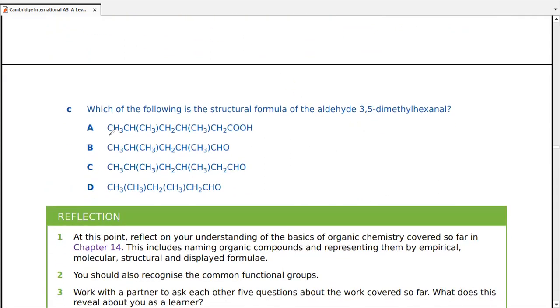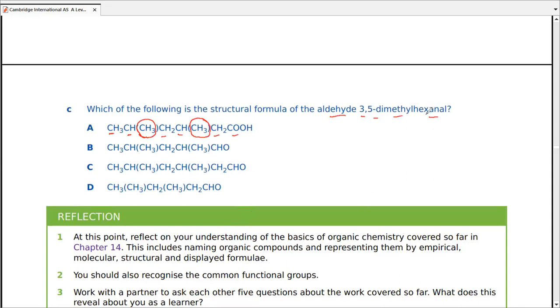Now, when you look at this, remember this is the parent chain that you're going with. Anything as a part of bracket is a branch. Again, parent chain, part of bracket, branch, again parent chain. All right. The formula is for the aldehyde. It is 3,5 dimethylhexanal.